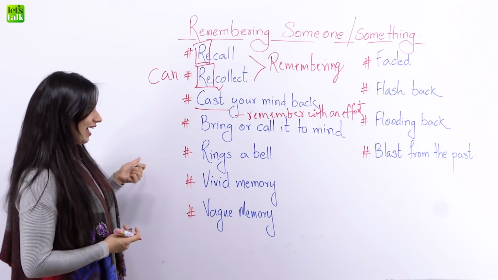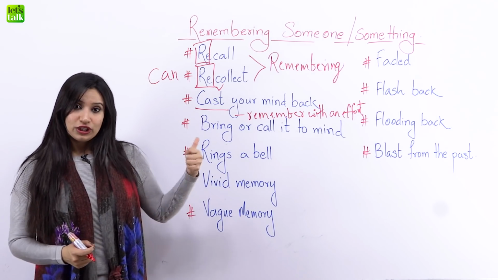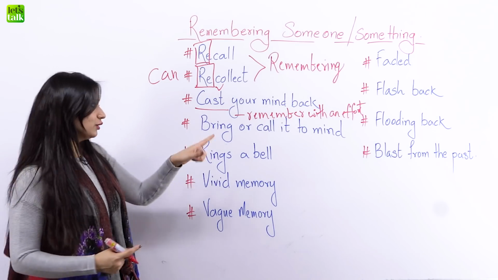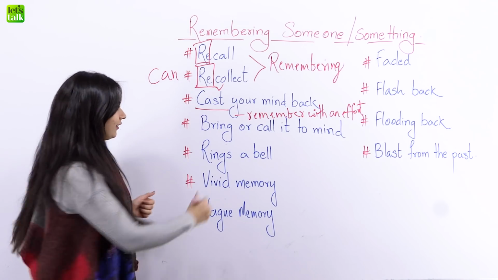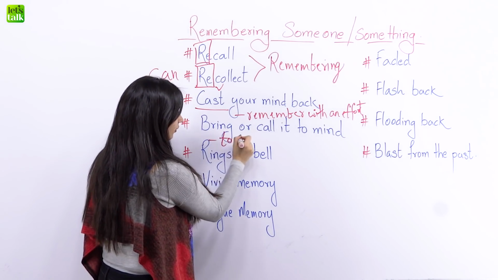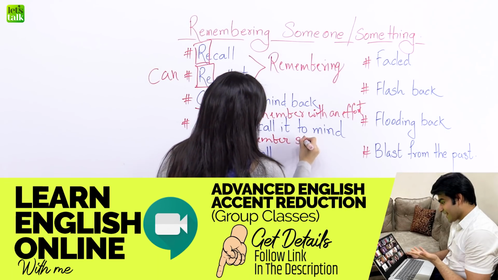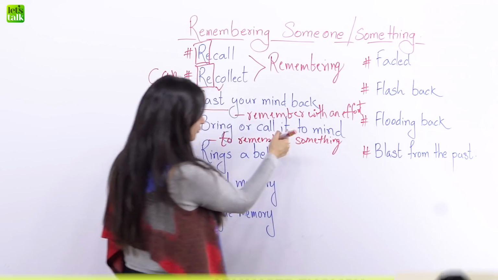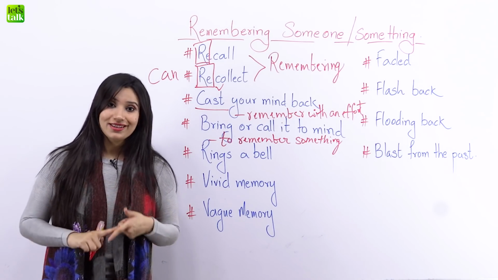The next one we have is bring or call it to mind. So here again, you're trying to remember something from the past, and this is a phrase just like cast your mind back. It means to remember something. This phrase is particularly used to remember a name or a face from the past.